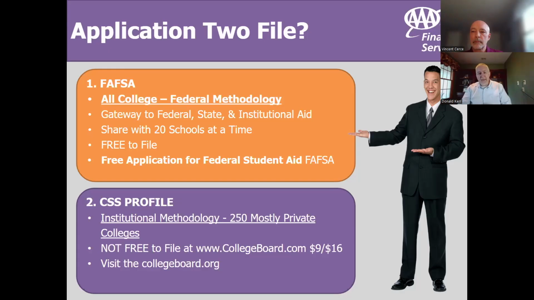So it's really easy to scroll through really quickly and say, hey, these couple colleges are on there. If they are on there, you absolutely want to make sure you're filling this out because those schools rely on the CSS profile in addition to the FAFSA form. So you're doing a little double work, but it could be worth it in the end with more financial aid. All right, we can go to the next slide.